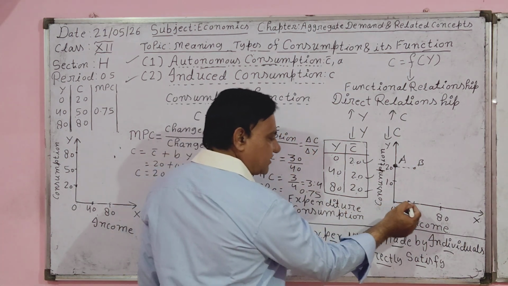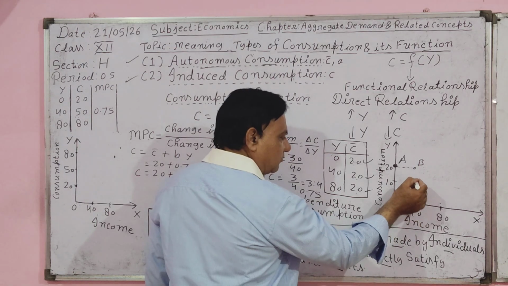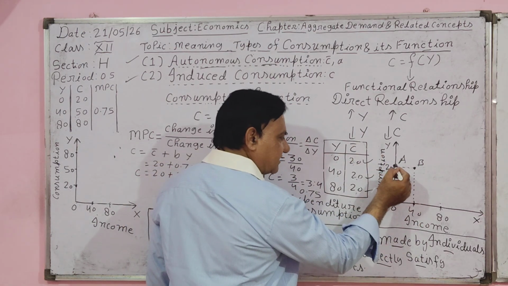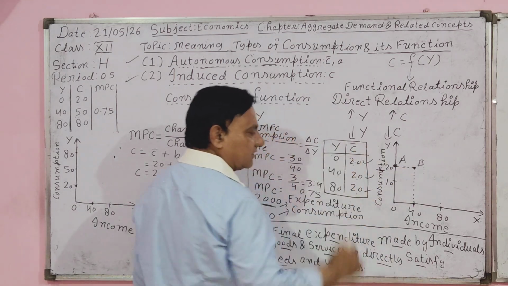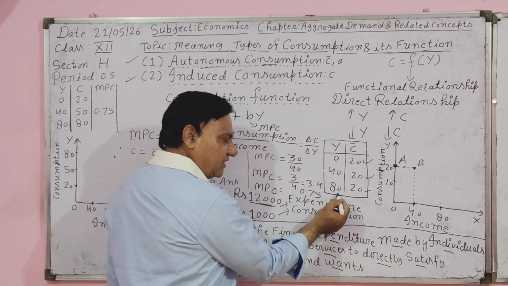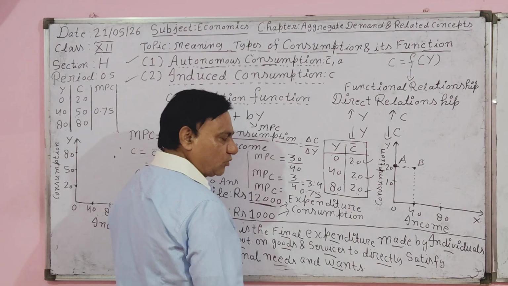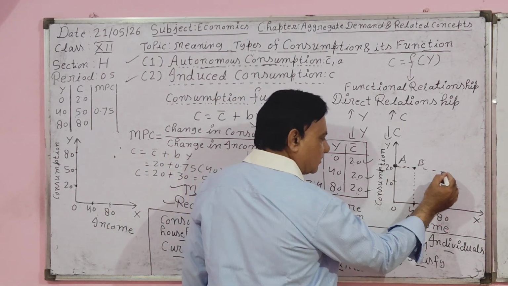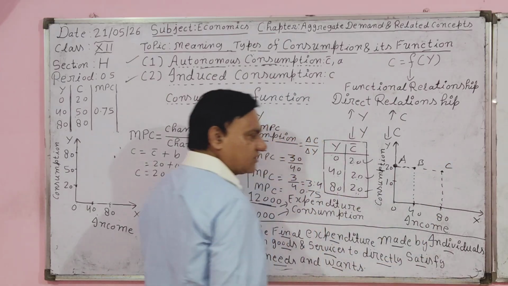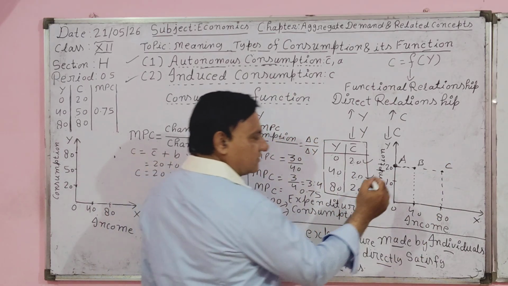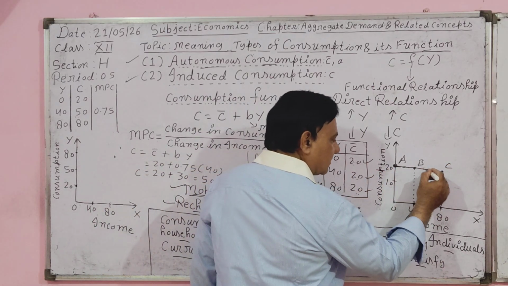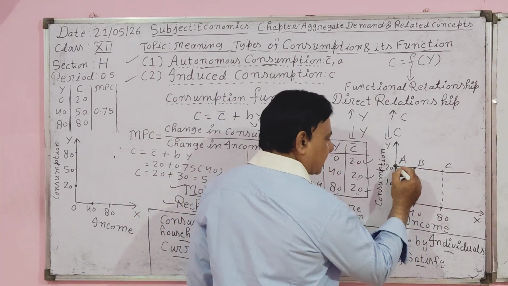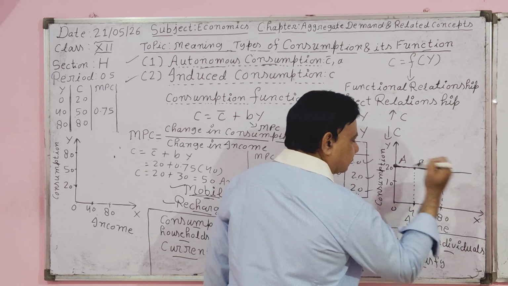This point B is above the income level of rupees 40, and in front of the consumption of rupees 20. Here income is 80 and consumption is 20. It is point C. When we join these 3 points, we get a curve. It is known as the consumption curve.